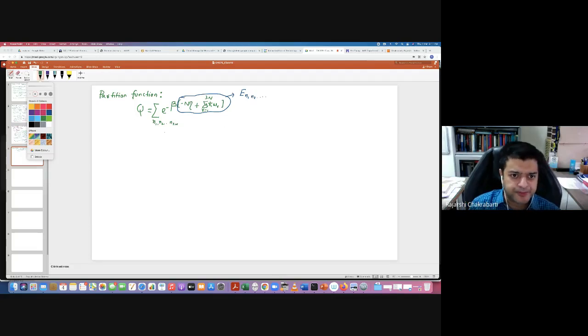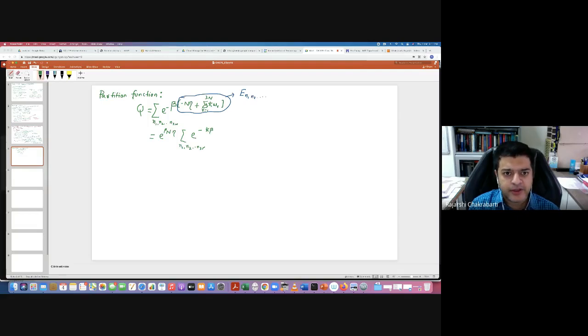So let us do it. Actually you see that the first exponential of minus beta times minus n times eta will give you exponential of beta n eta. I can take it outside the sum, no?